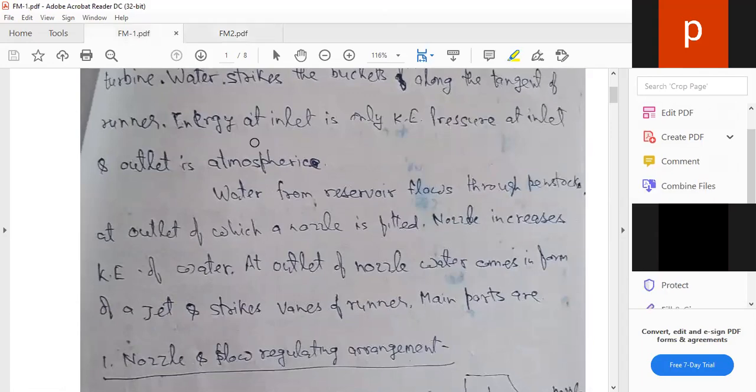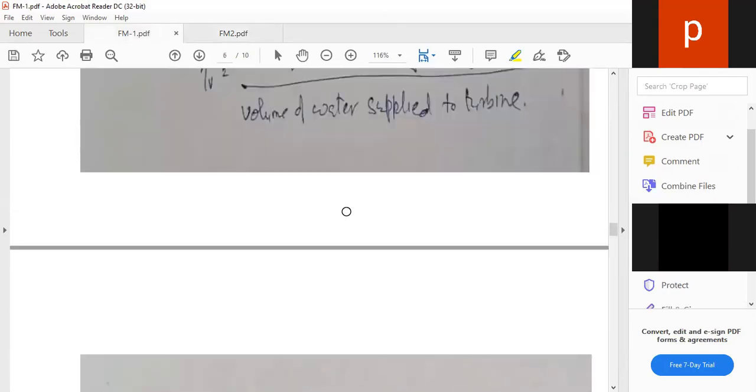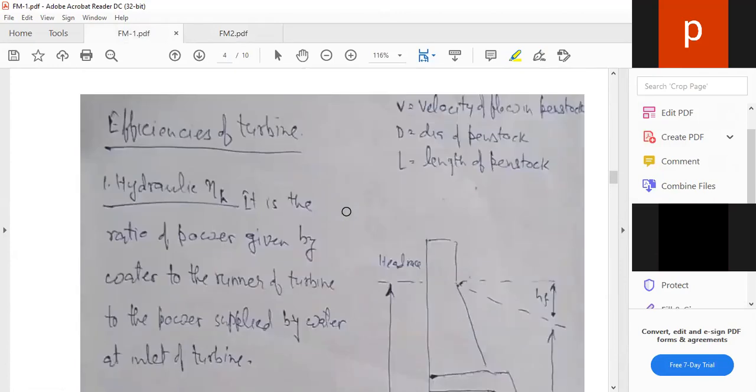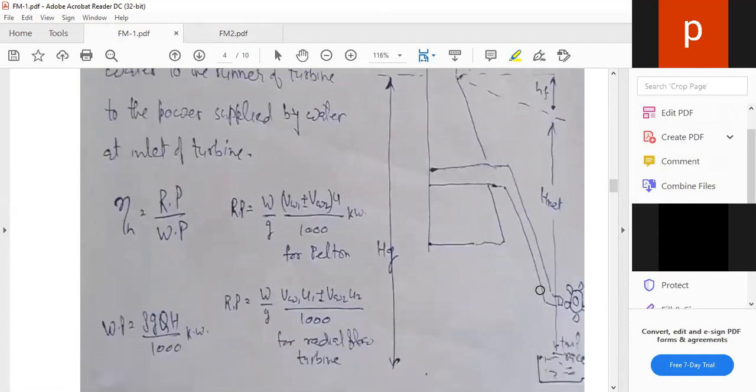I already told you that in these type of turbines, water is coming from this dam through the penstock to the inlet of the turbine.